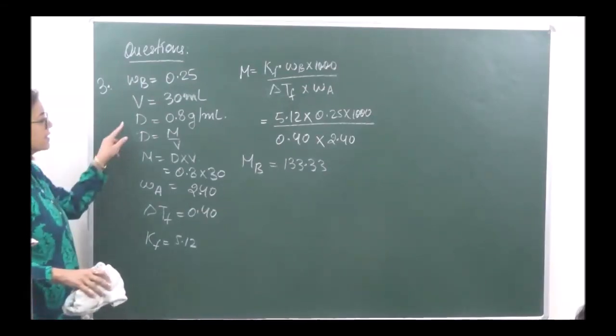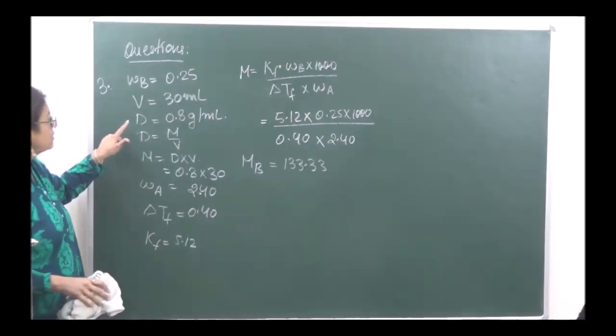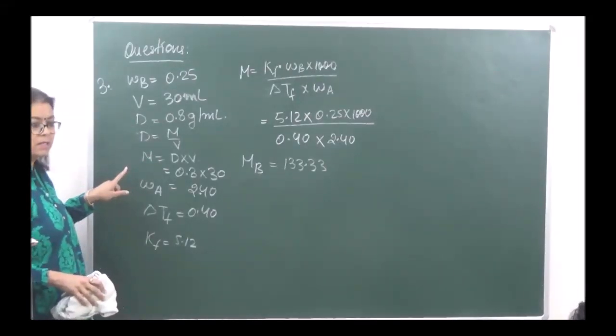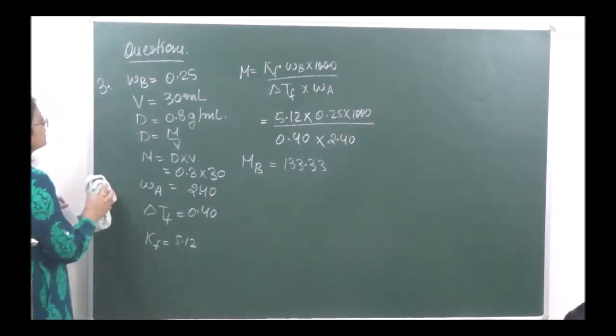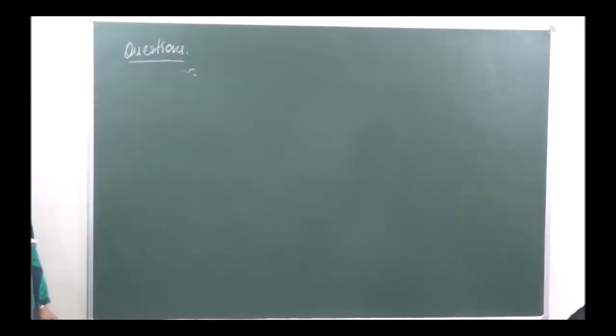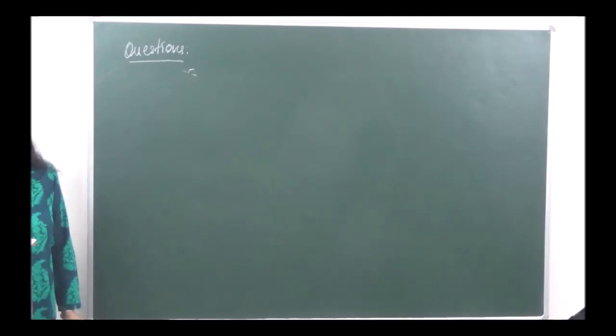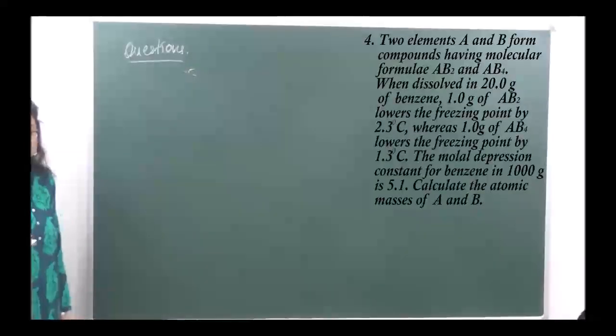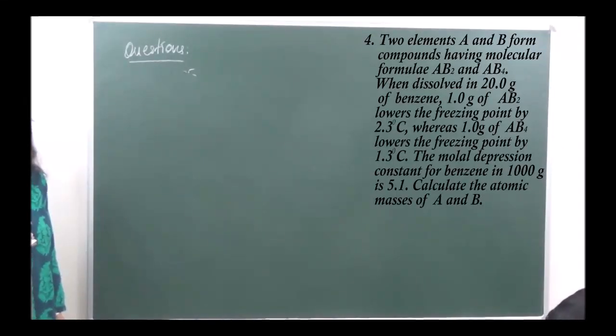In this there is a little twist in the question in which the mass is not given directly. You have to calculate mass. Okay? Question number 4 is again a little different question. So let's see the question first. Two elements A and B form compounds having molecular formula AB2 and AB4.